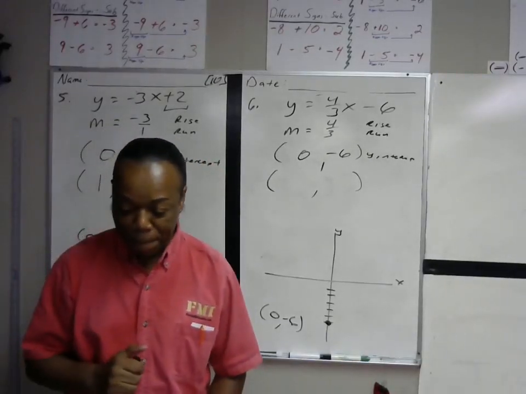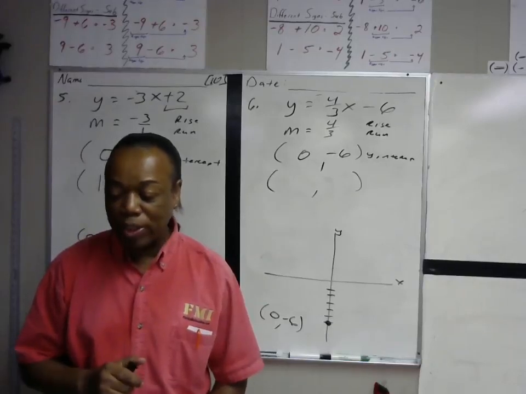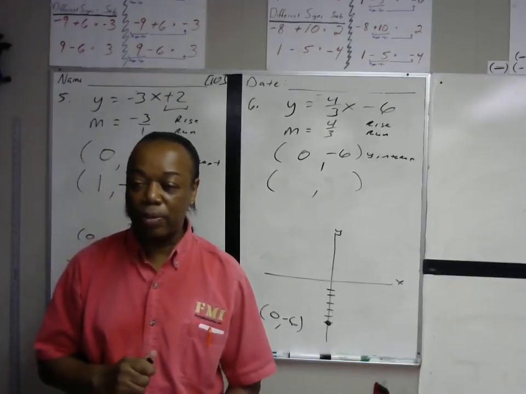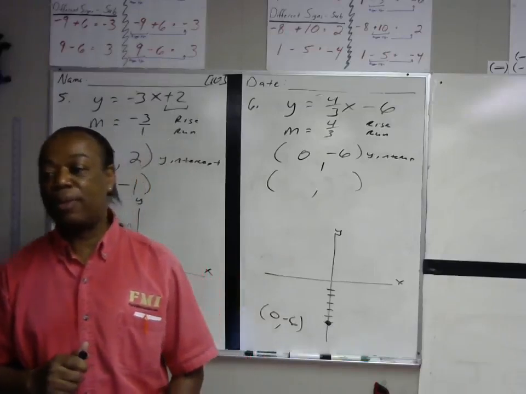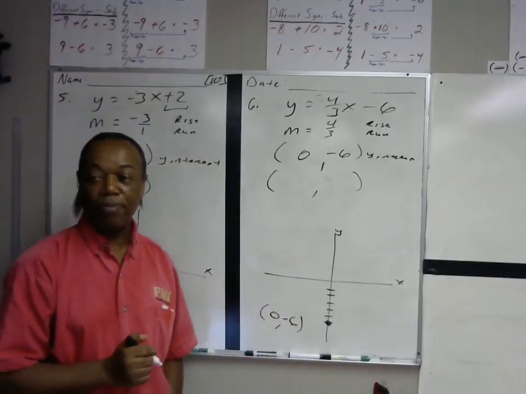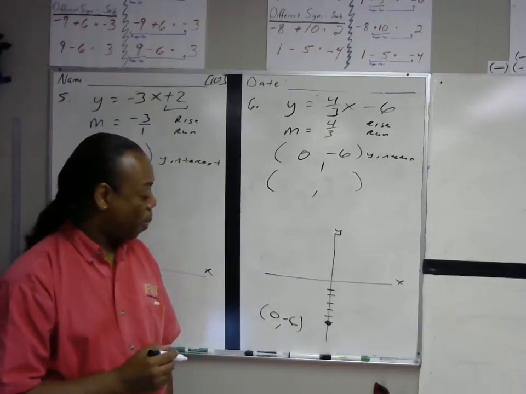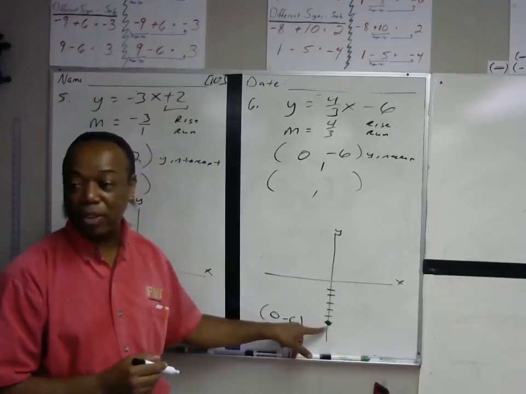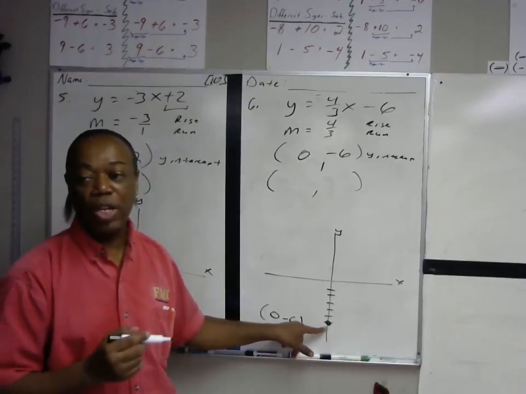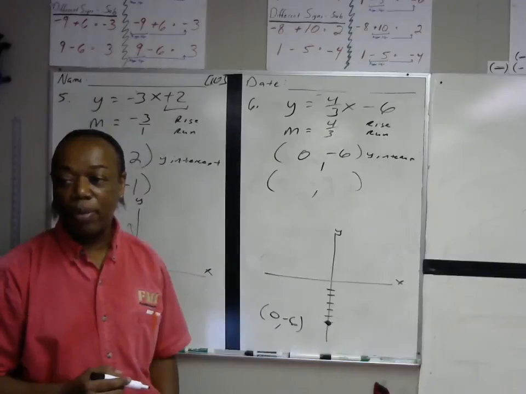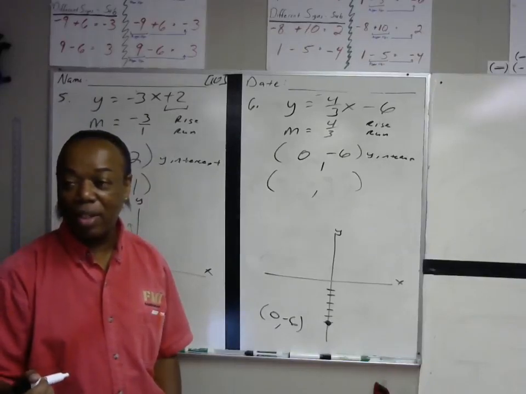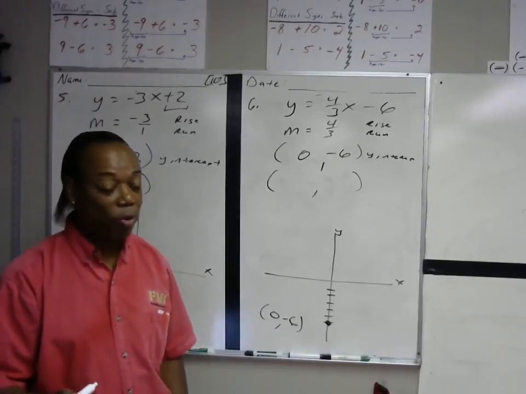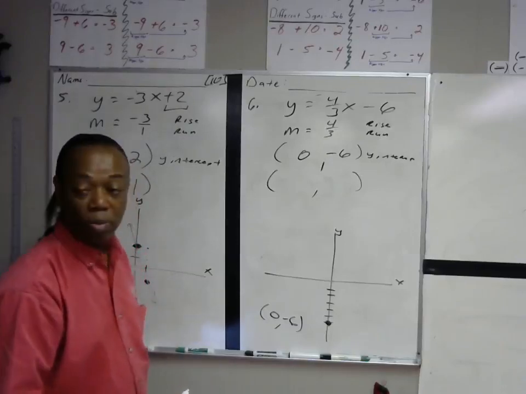What's the path to the next point? Here I am at 0, -6. What's the path to the next point? 4 up, 3 over. That's how I do it. Or you can go 3 over, 4 up. Either way works.